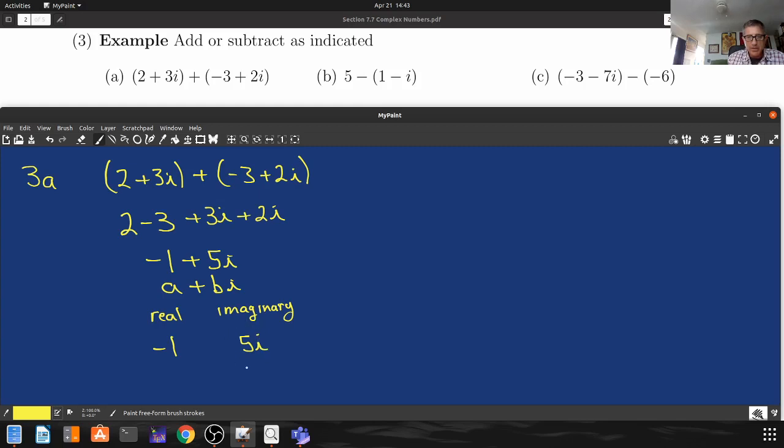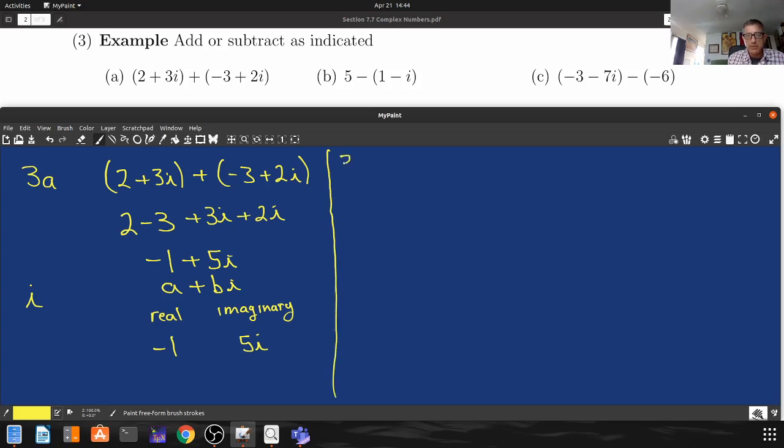This is a pure imaginary number. This is not a real number. So once I have i, that's my imaginary unit, I can multiply it by any real number, and I have a pure imaginary number. So 5i is not a real number. It's purely imaginary. Minus 1 is a real number, like it's always been.